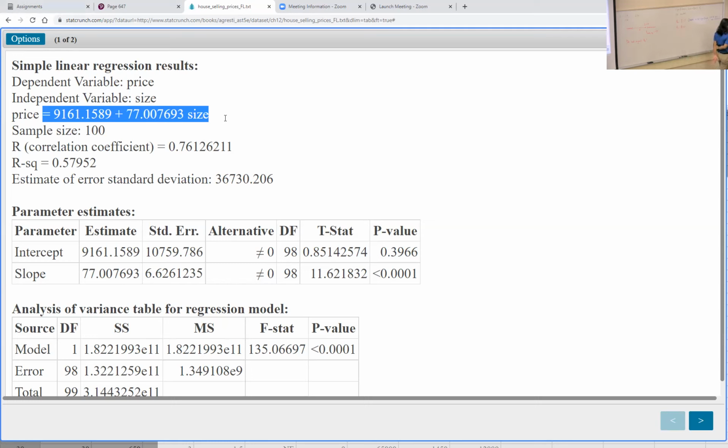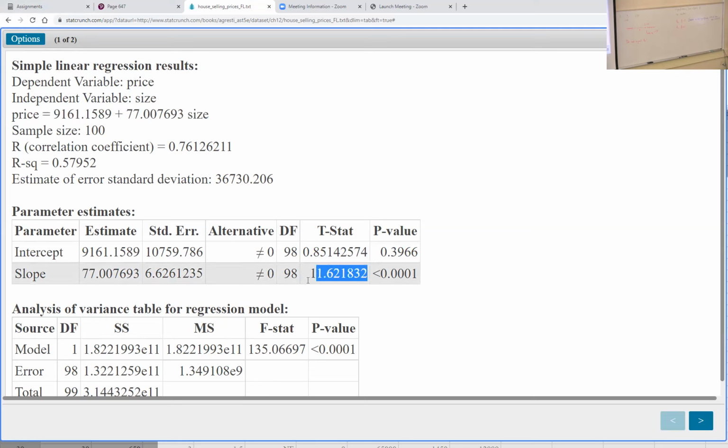The number of observations in the data set is 100. So there are 100 houses. The t-score for slope is 11.62. And the p-value is listed as less than 0.0001. Good. Okay.